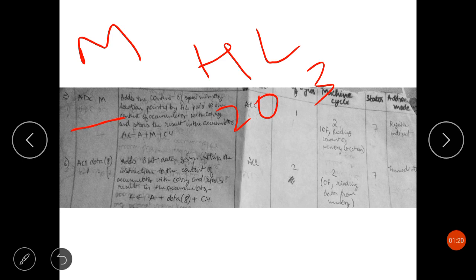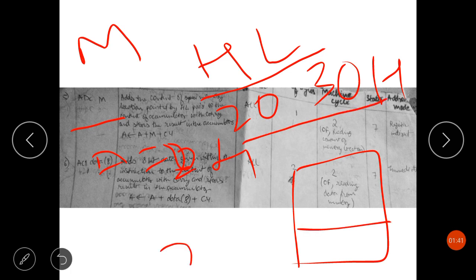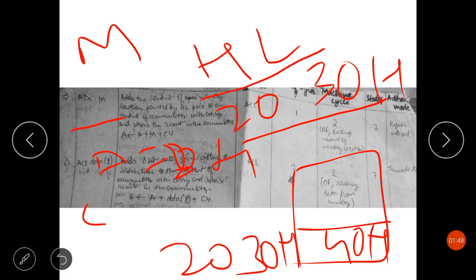That is, if the accumulator content is 20H, the HL pair content is 2030H, the content of memory location 2030H is 40H, and the carry flag is in set condition, then what will happen after the execution of this instruction?